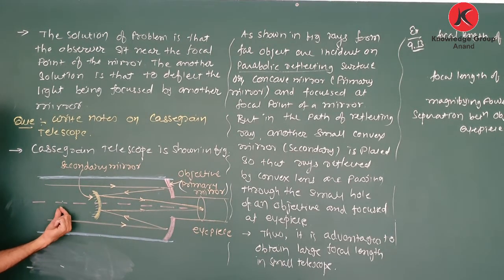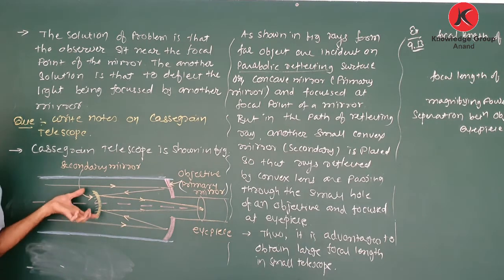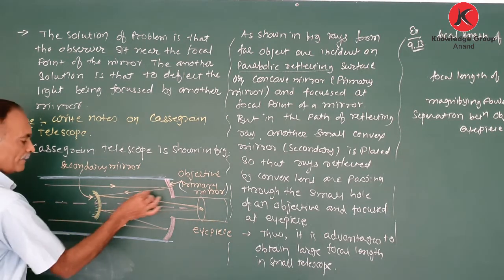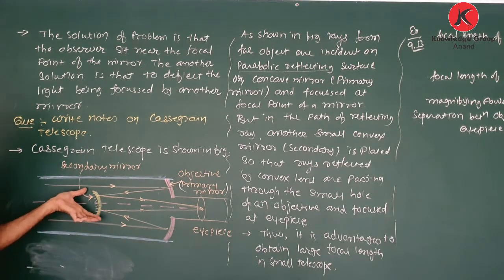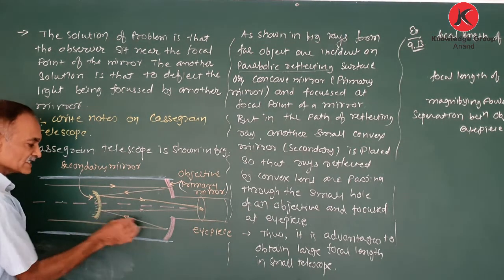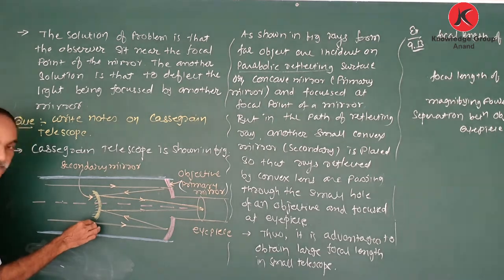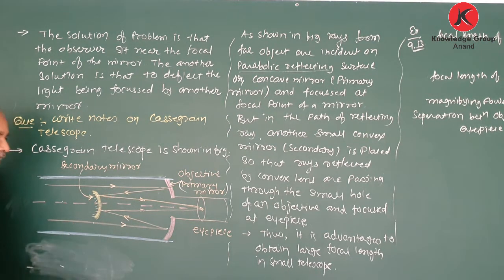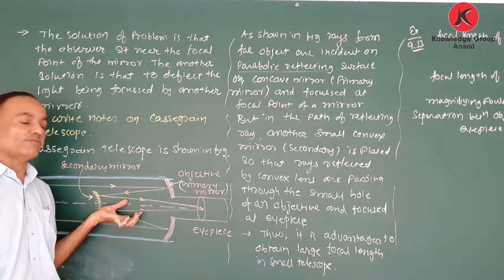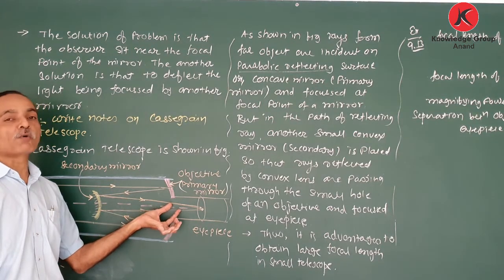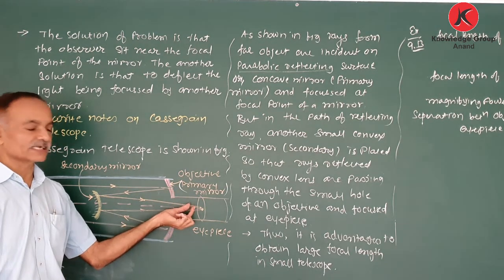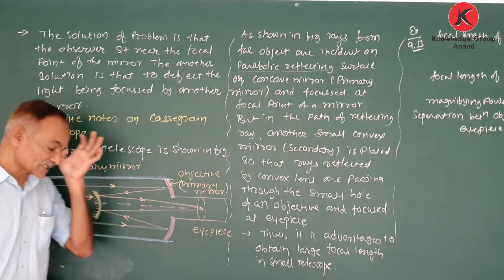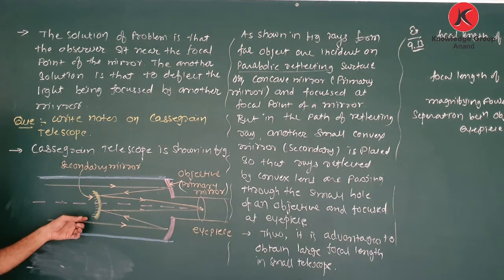Due to that, we place another small mirror in the path of the reflecting rays. The reflecting rays are incident on the convex mirror, again reflected, and this ray reflected by the convex mirror passes through the small hole at the pole of the primary mirror and focuses at the eyepiece. So that is the construction of the Cassegrain telescope.